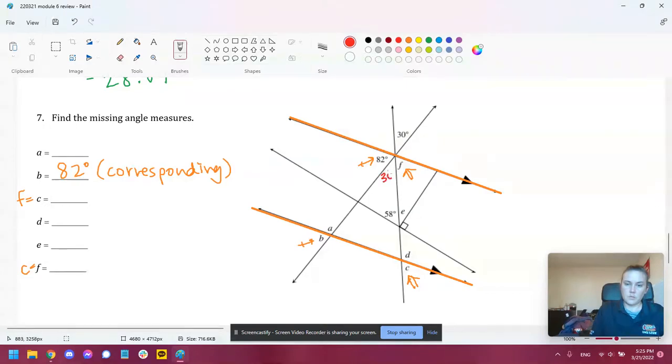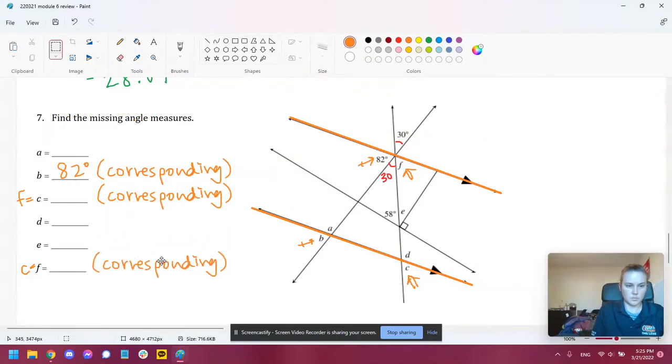30 also goes here by vertical angles. And then angles that are next to each other add up to 180, right? So like A plus B is 180.